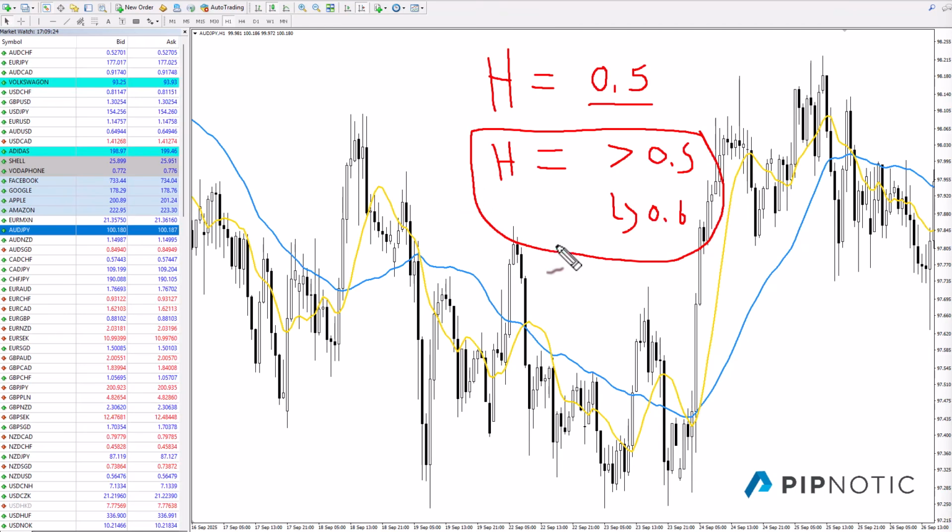Okay, but if we take it one level further and we say, okay, what about a Hurst exponent that has a value that is, let's say, 0.3? What does that mean? It's telling us that the data is doing something entirely different. This is more mean reversion behavior, where prices kind of deviate from a mean but have a tendency to revert back.